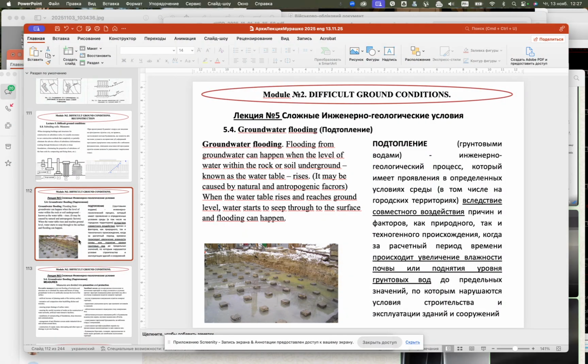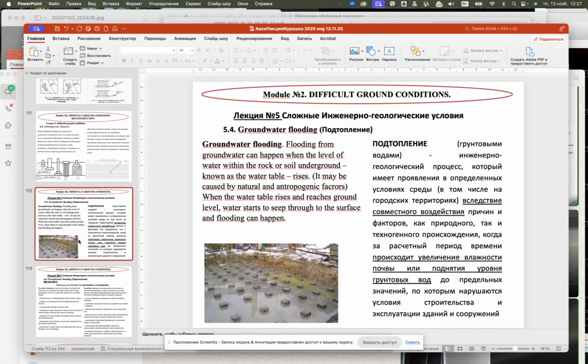So you have to hire an expert. They will make a special analysis of soils, and after this analysis, you will get the info about the groundwater flooding hazard or subsiding soil hazard or something like that.